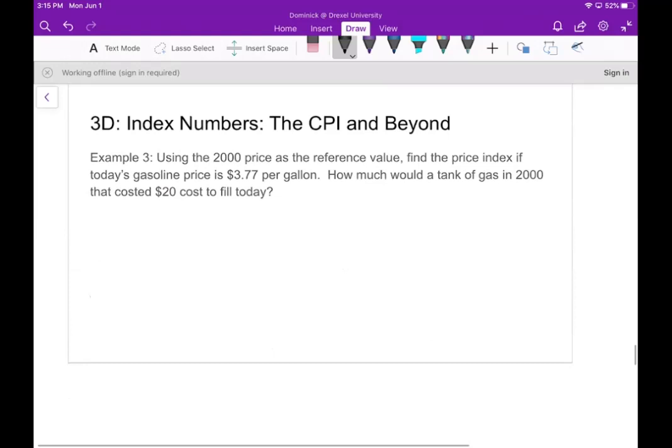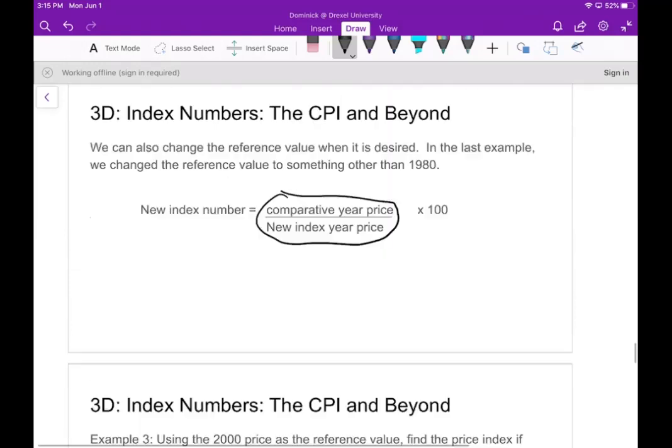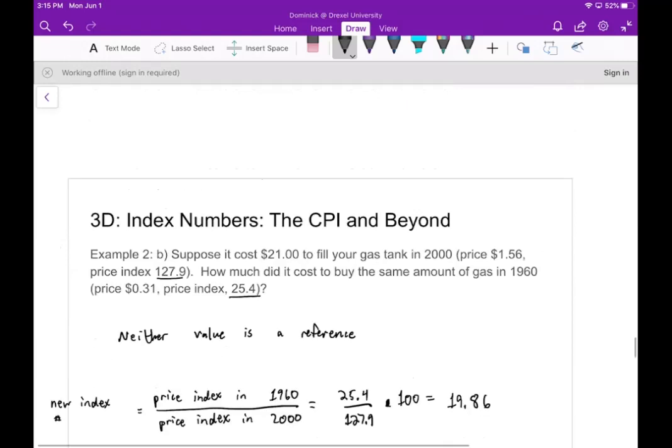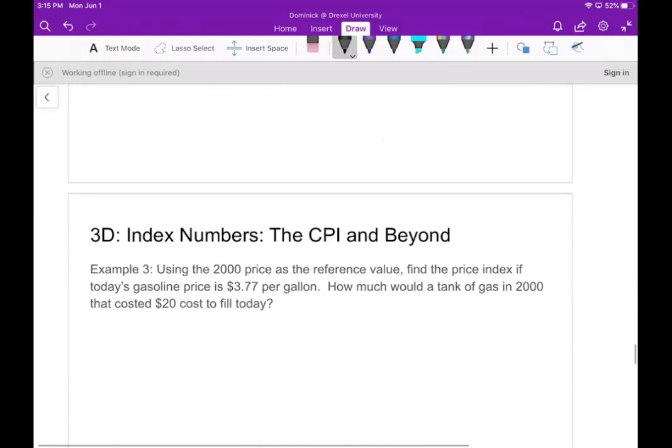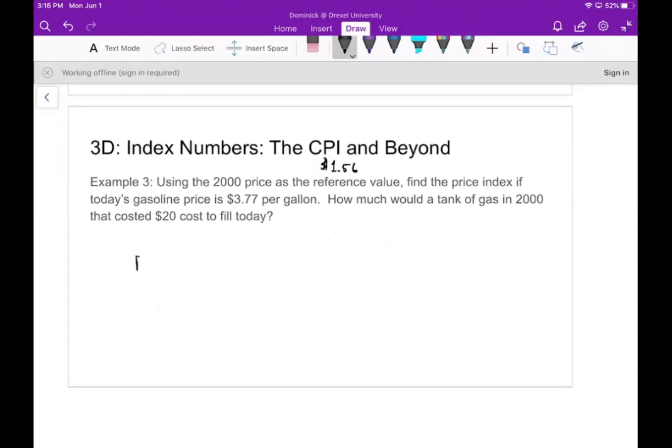Okay, so now we're going to use the 2000 price as the reference value, which, sorry, I want the actual price, so 1.56. All right, we want to find the price index if today's gasoline price is $3.77 per gallon. Okay, so let's first find the new index number.